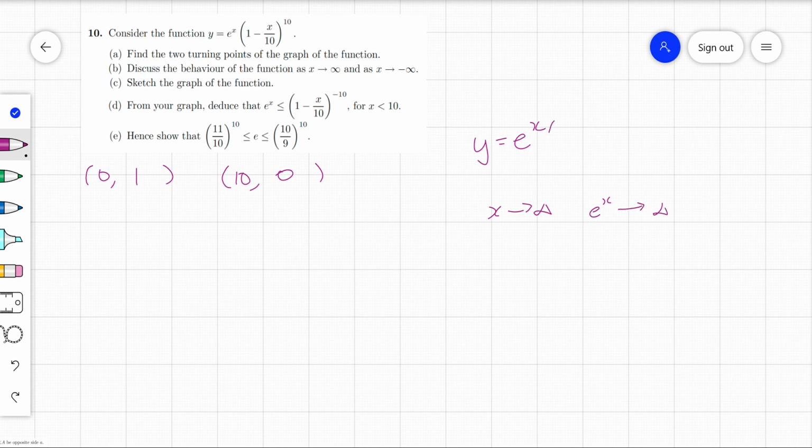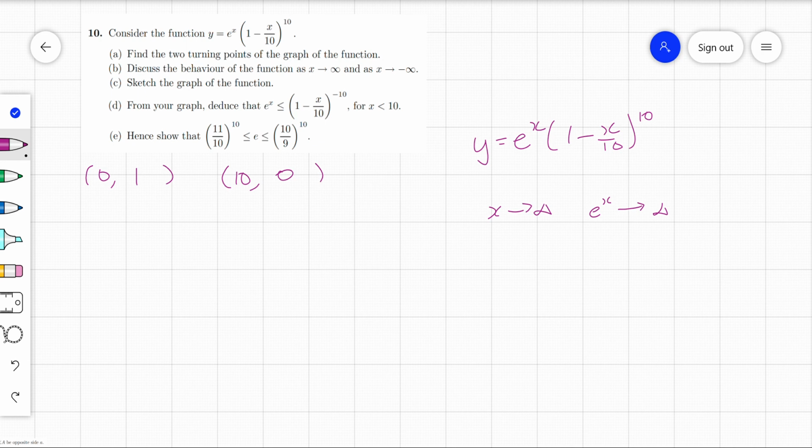And then our other part of that function is 1 minus x on 10 to the power of 10. We know that as x gets larger and larger, 1 minus x on 10 is going to get larger and larger but be negative. But it's to the power of 10, which is an even power, so a negative squared, for example, is always positive.